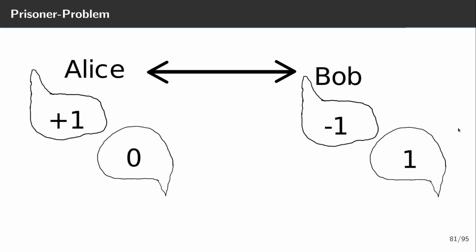So to reiterate and make an example, Alice and Bob come up with a plan, then they are separated. Then we say QA equals 0 here to Alice, and she answers with VA equals +1 here. Then we say QB equals 1 here to Bob, and he answers with VB equals -1 here.